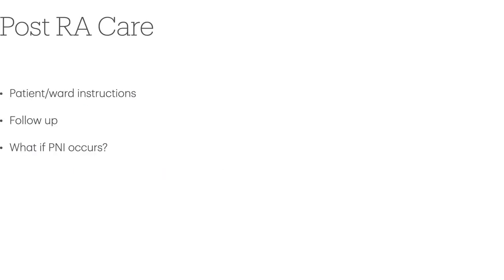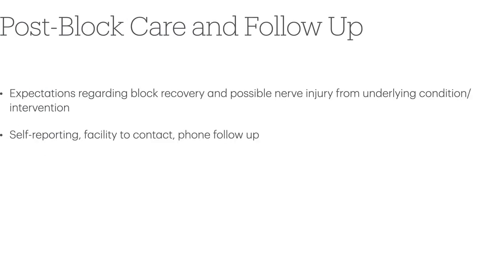So next, post-RA care. All the previous speakers have already mentioned all this. You must have clear patient or ward instructions. You must have a mechanism for follow-up. And then lastly, we go to the topic: what if peripheral nerve injury occurs? You must inform the patients about the expectations regarding block recovery.